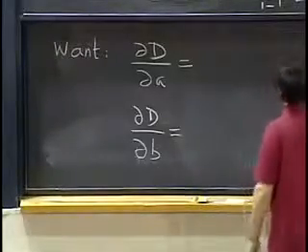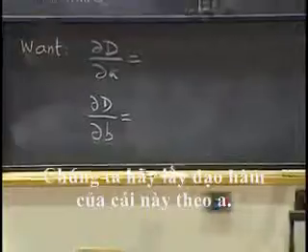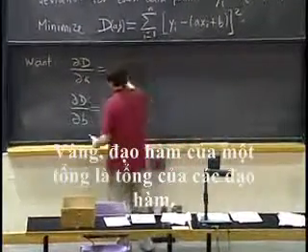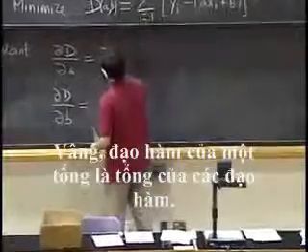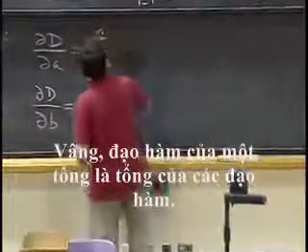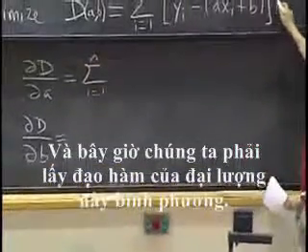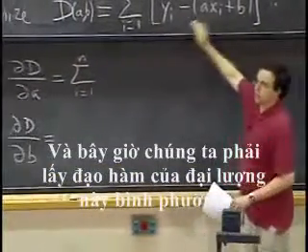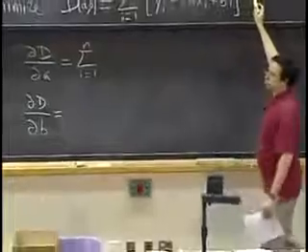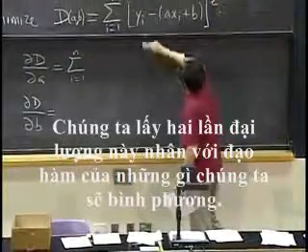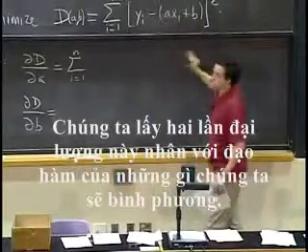So let's take the derivative of this with respect to A. The derivative of a sum is the sum of the derivatives. And now we have to take the derivative of this quantity squared. Remember how we take the derivative of a square: we take twice this quantity times the derivative of what we're squaring.